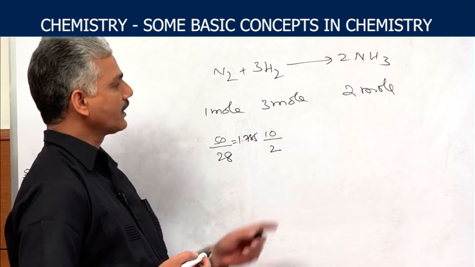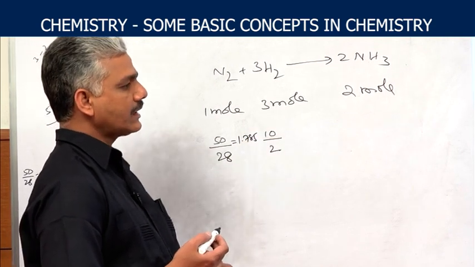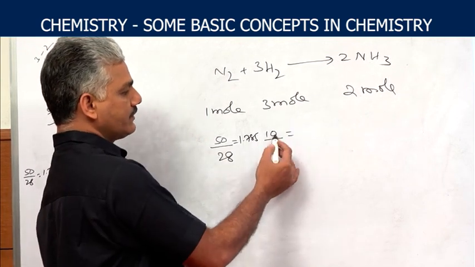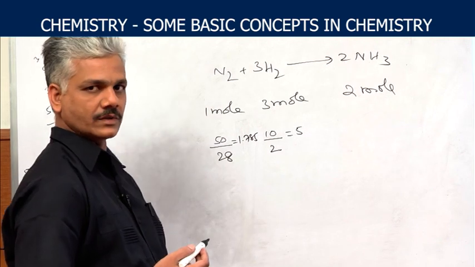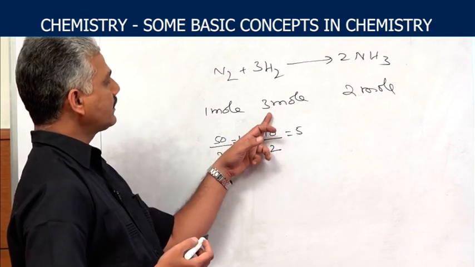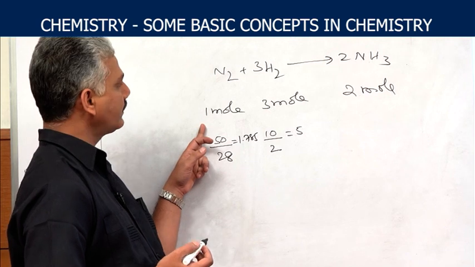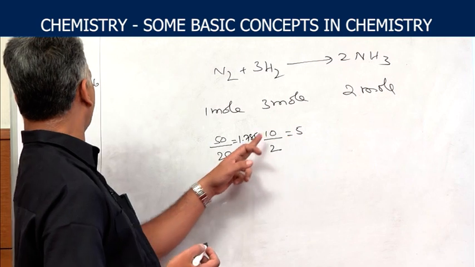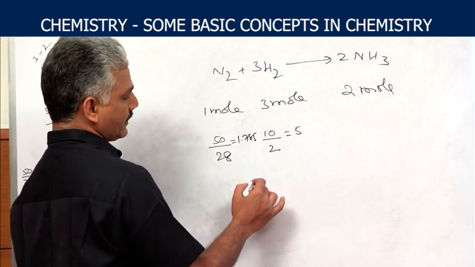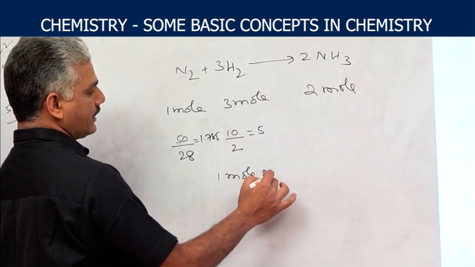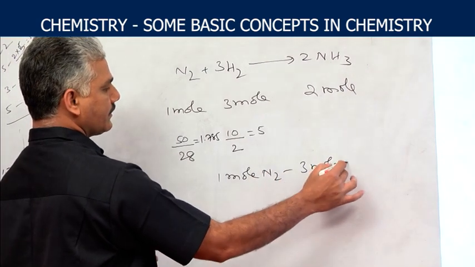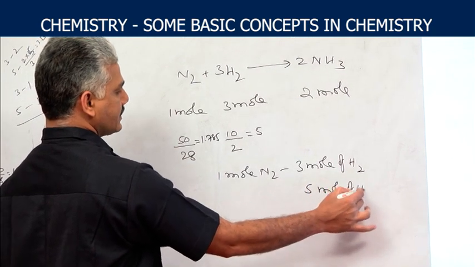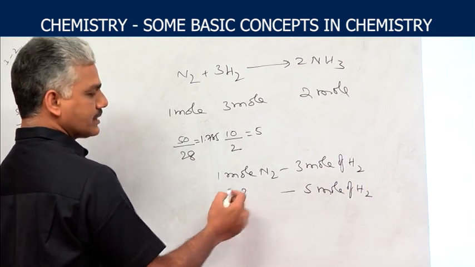1.785 moles of nitrogen. Number of moles of hydrogen, 10 grams of hydrogen is given, so number of moles will be 10 by 2, that is 5 moles. 3 moles of hydrogen can react with 1 mole of nitrogen. Therefore, 5 moles of hydrogen can react with how much nitrogen?